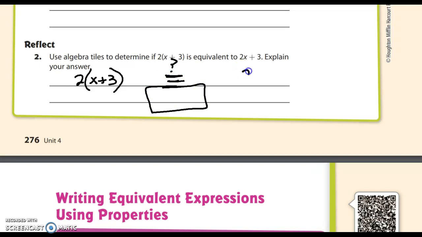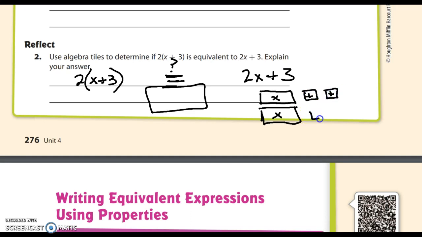Okay. And I'm going to do this picture right here, 2x plus 3. And this one's going to be easier to draw because it's going to be just 2 x's, and that looks like this. I'm going to put an x there. They put a plus sign up top, but I'm going to put an x. And then 3 singles. 1, 2, 3. So that's easy. 2 x's and 3 singles.